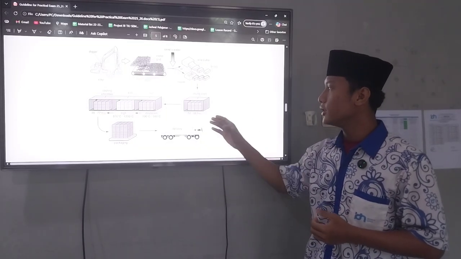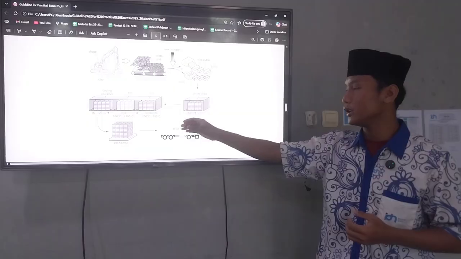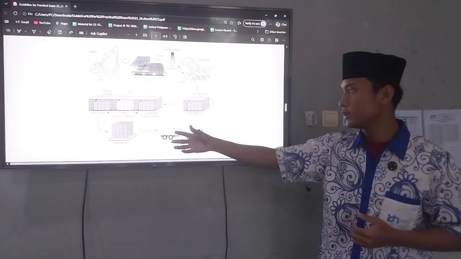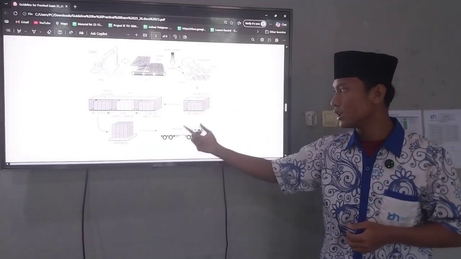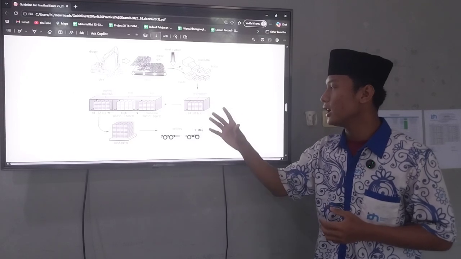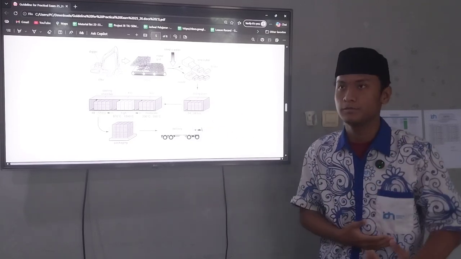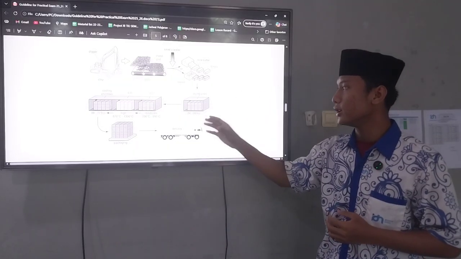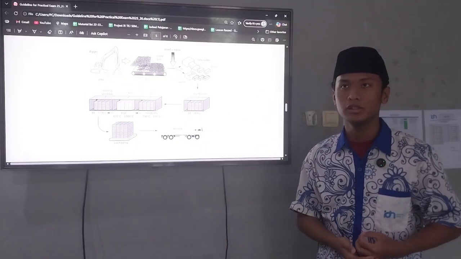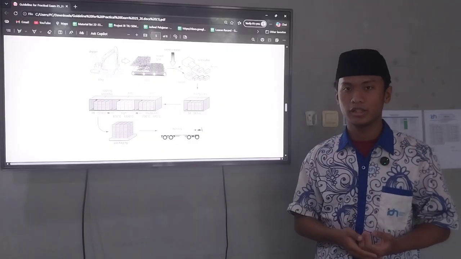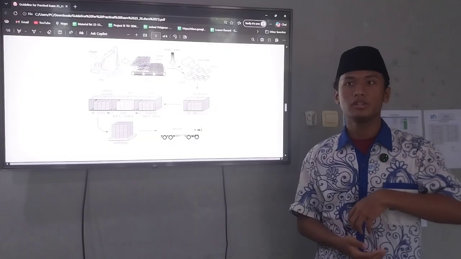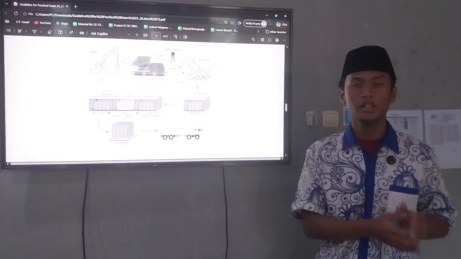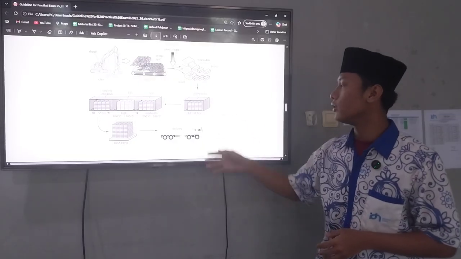So after the brick comes from the moderate step, the bricks move to the high temperature. So it's step by step. This high temperature gives the final shape of the bricks and makes them stronger, improving the quality and durability of the bricks.